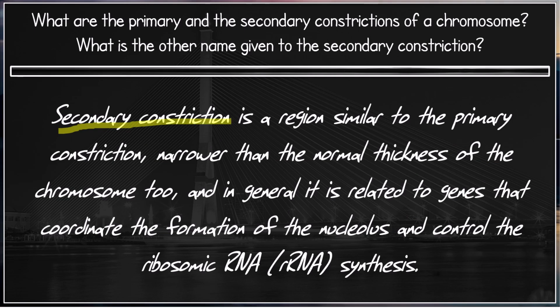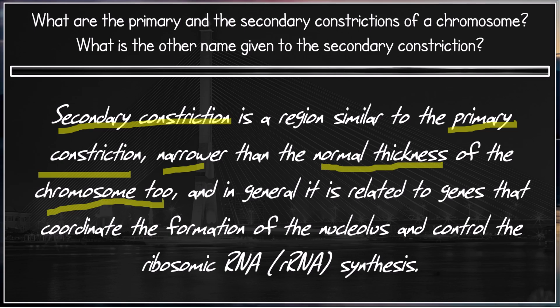Secondary constriction is a region similar to the primary constriction, narrower than the normal thickness of the chromosome. In general, it is related to genes that coordinate the formation of the nucleolus and control the ribosomal RNA synthesis.